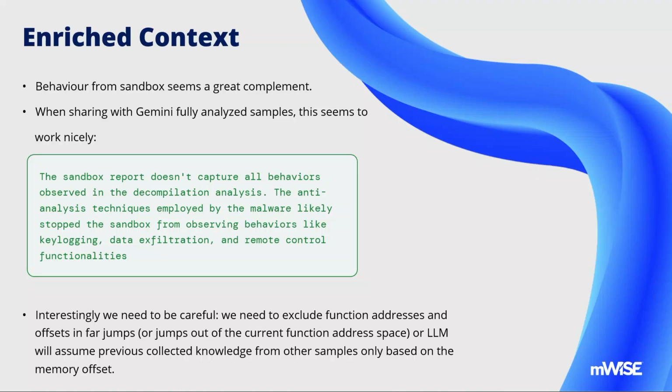The anti-analysis techniques employed by the malware likely stop the sandbox from observing behaviors like keylogging, data exfiltration, and remote control functionalities. And this is awesome. In this case, it's able not only to highlight everything that it can do, it's also comparing to the sandbox analysis and highlighting things that mostly are not detected because it's evading.